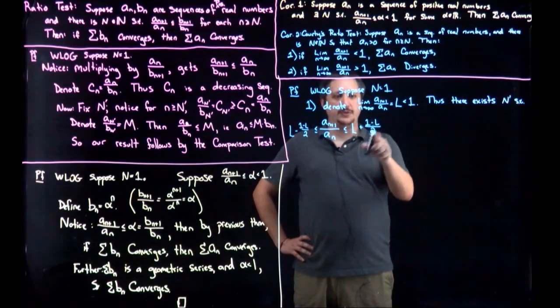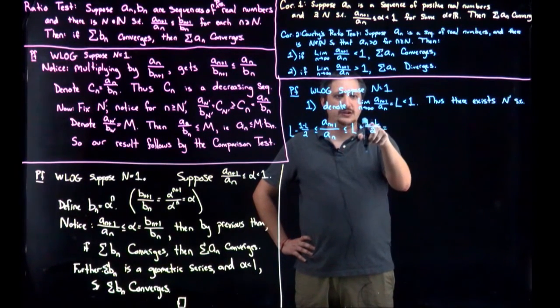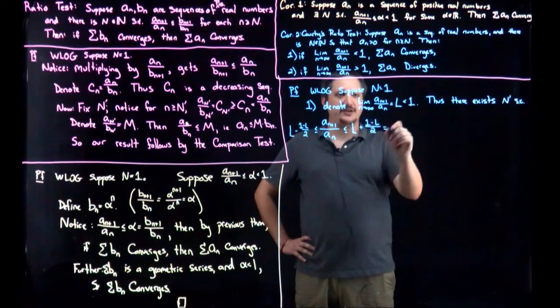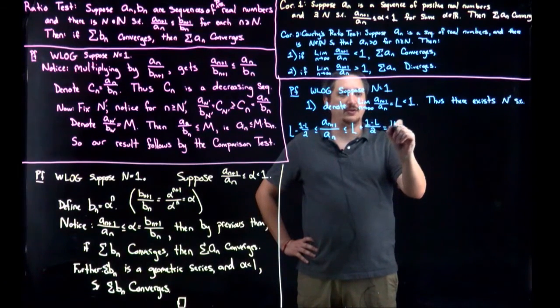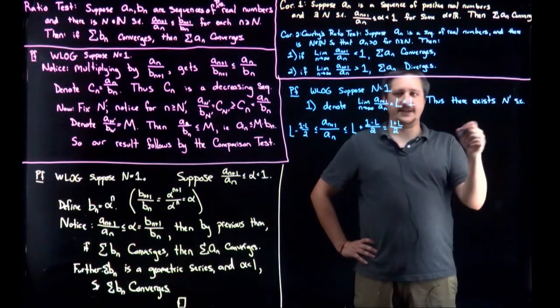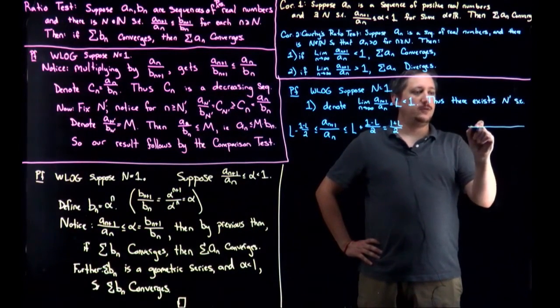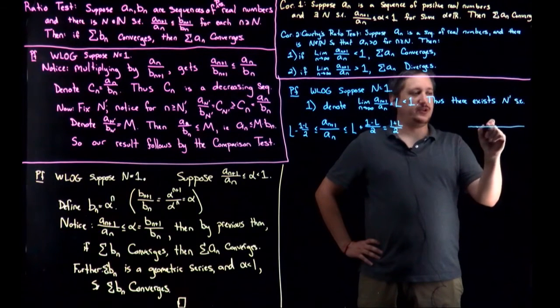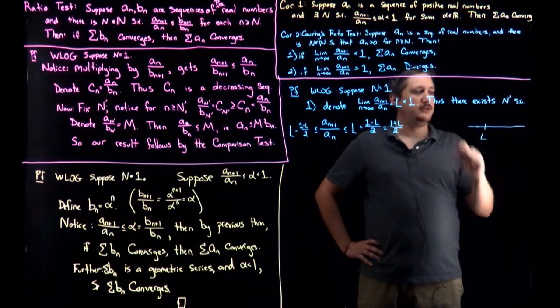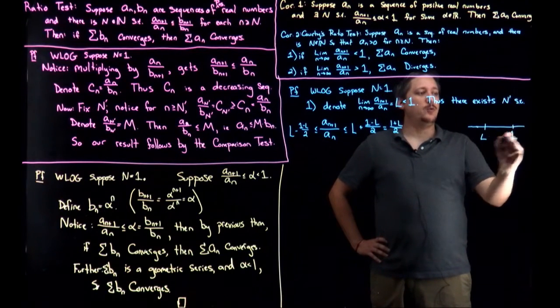So if I clean this up, what this actually looks like is 2L over 2, so I'd get 2L minus L, so this would be 1 plus L over 2. The reason I picked that is, again, I don't think this is part of the proof, but just to show what's happening: I have whatever the actual ratio is, which is hitting at L, that's the limit, L. It is something less than 1.